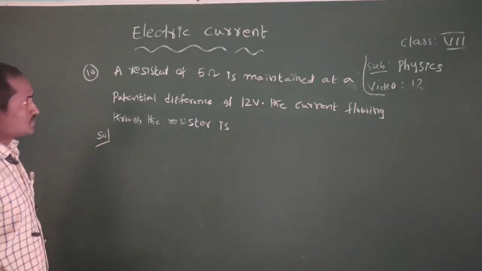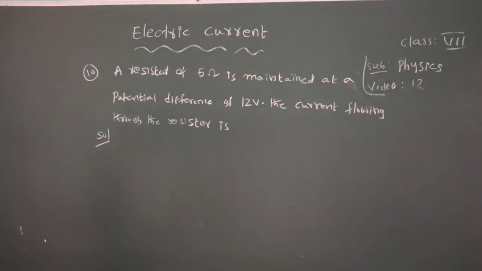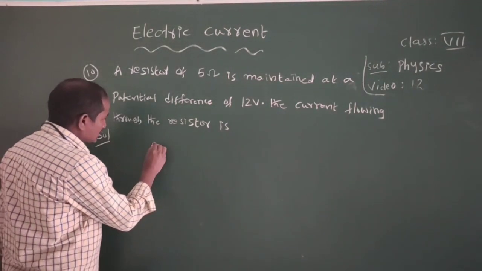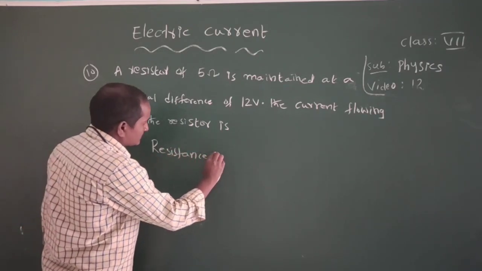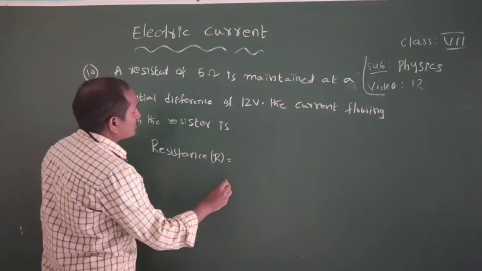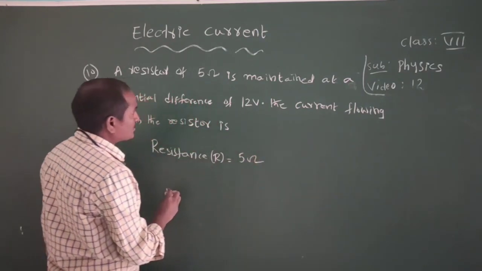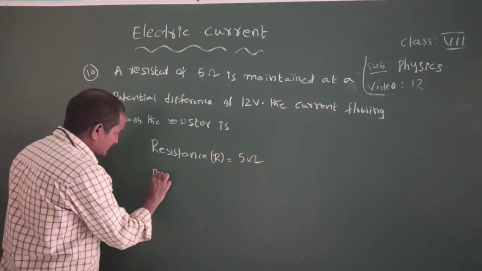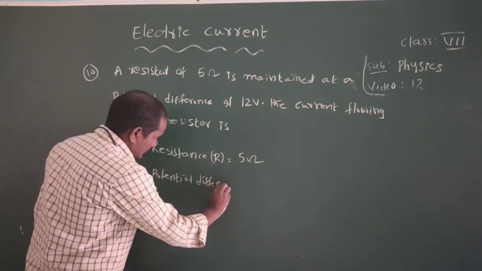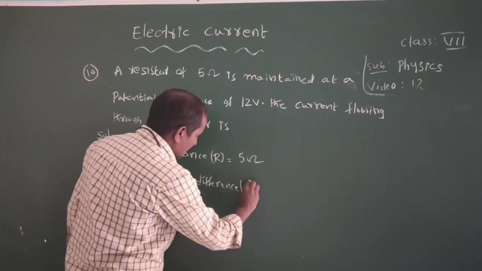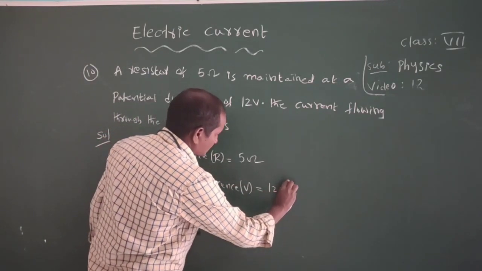So here resistance R is given, R equal to 5 ohms, and the potential difference V equal to 12 volt.